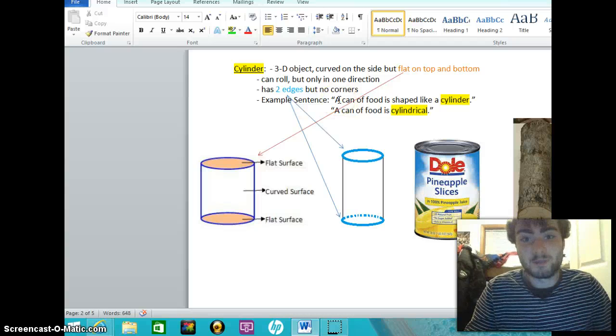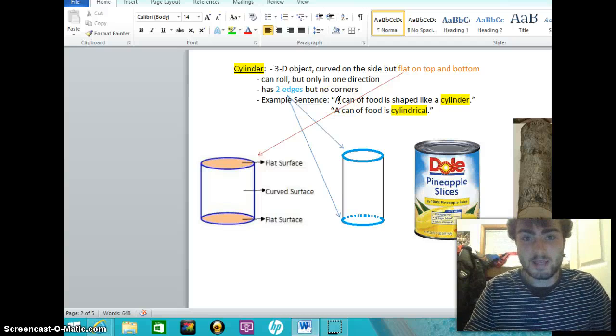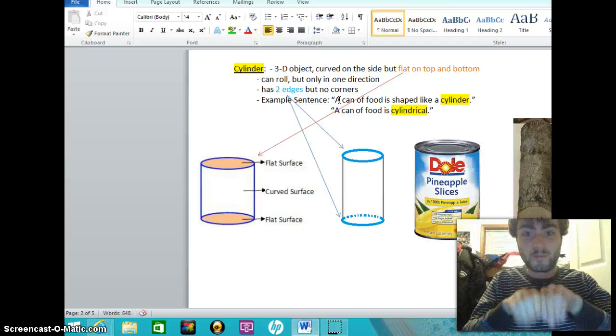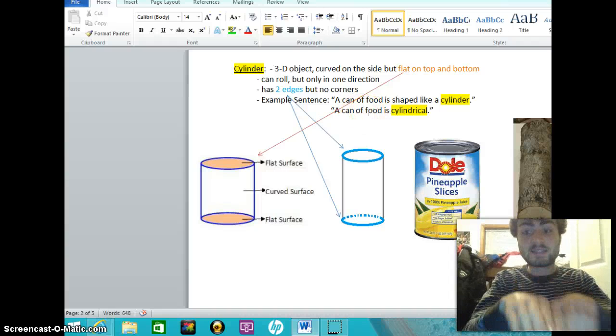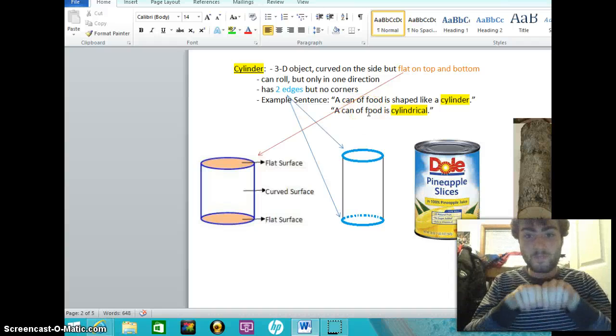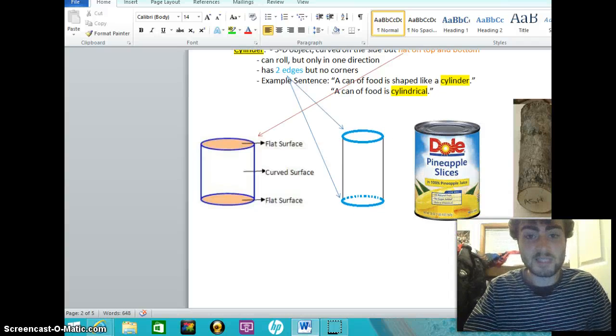Repeat this sentence with me, please. 1, 2, 3. A can of food is shaped like a cylinder. A can of food is cylindrical. So here are some examples of cylinders that you have seen before.